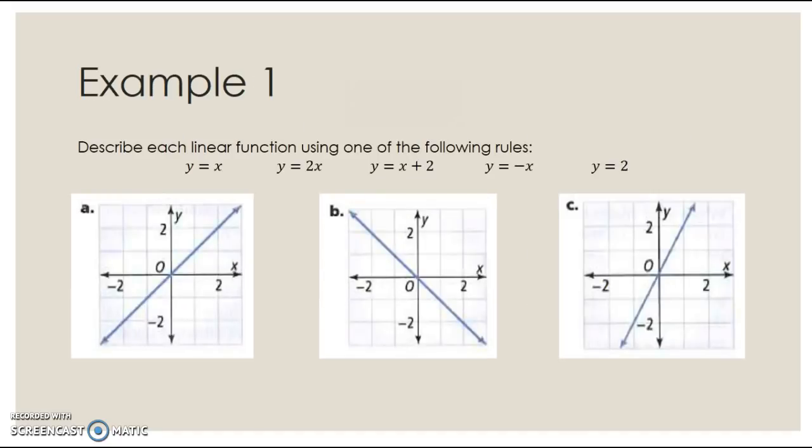So now we're going to go over our first example. We want to describe each of our linear functions, a, b, and c, using one of the following rules. Either y equals x, y equals 2x, y equals x plus 2, y equals negative x, or y equals 2. That's what we're trying to figure out: which of these equations match the graphs down here.